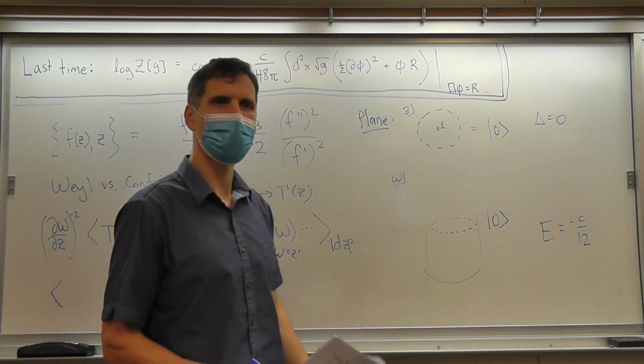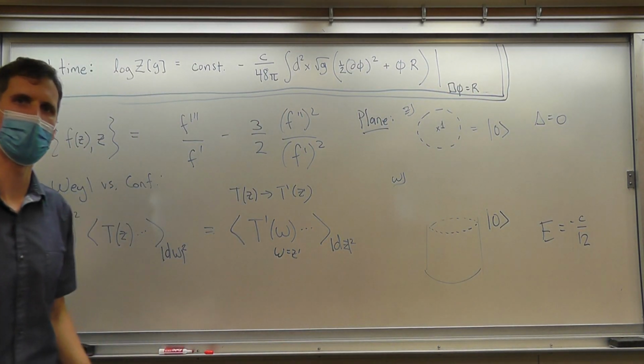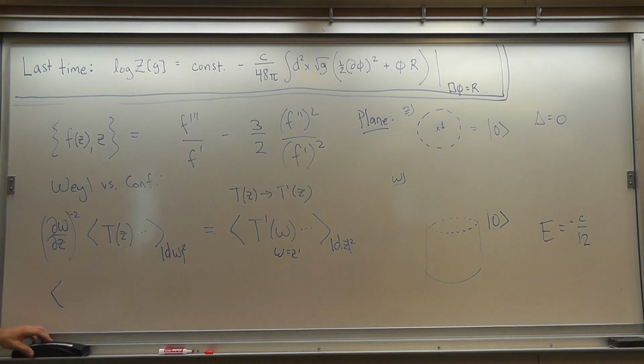I mean, usually people kind of just sweep this under the rug, but the reason I'm emphasizing it is two things. First of all, it makes the old books really confusing because people are always talking about CFT, especially in 2 dimensions. They're always talking about CFTs on different metrics, but usually they don't change the metric. Like they talk about the CFT on the plane and then on the cylinder, but they're not changing the metric at any point.